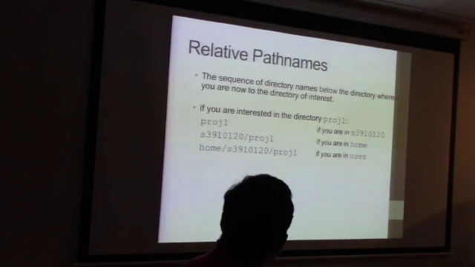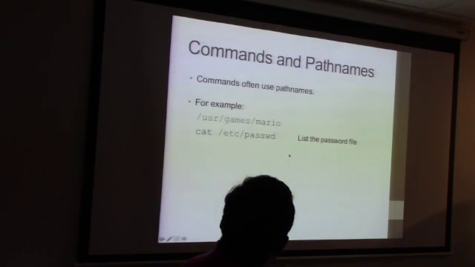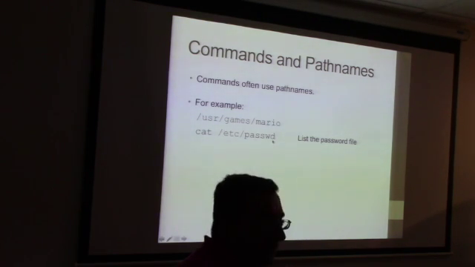Here we've created a bunch of directories like this. The directory structure is such that there's home, then this number, and then project 1. And what he's saying is commands use path names. For example, you could say cat, or list the contents of the file, /etc/password.